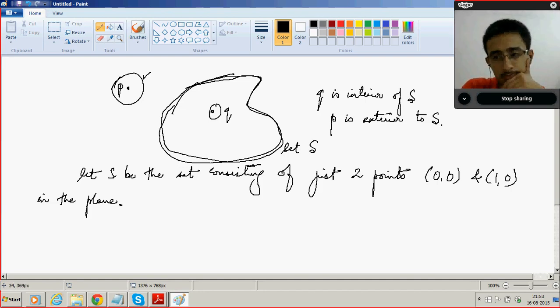Then what is the boundary of this set? Set S consists of 2 points 0, 0 and 1, 0 in the plane.